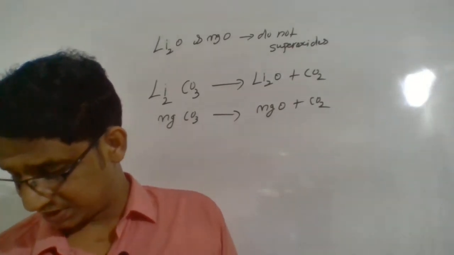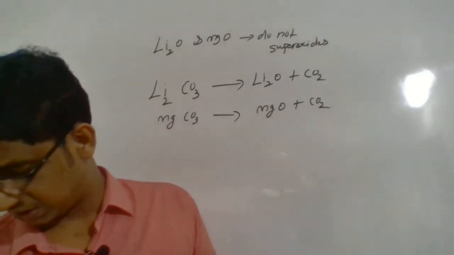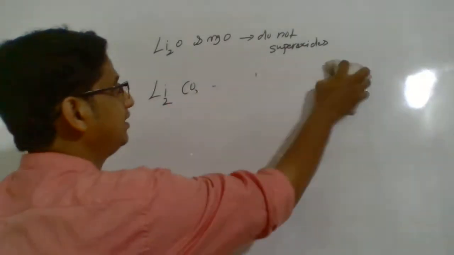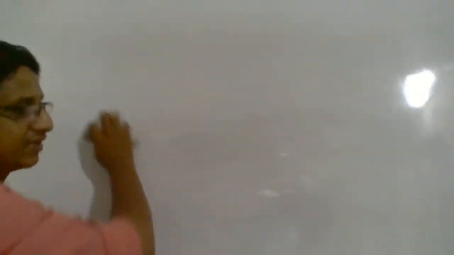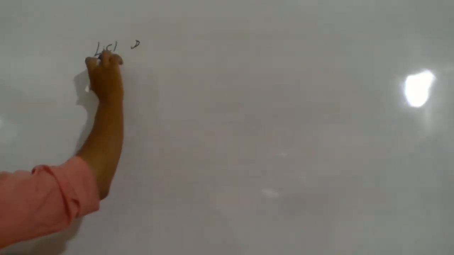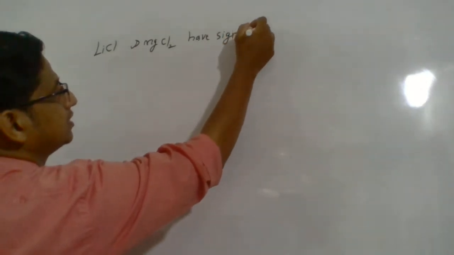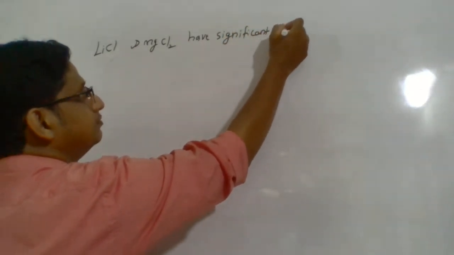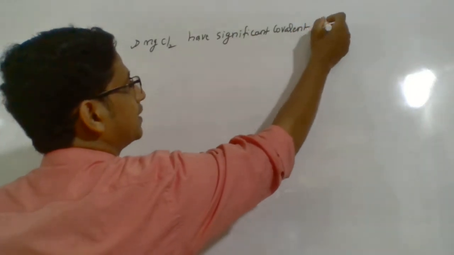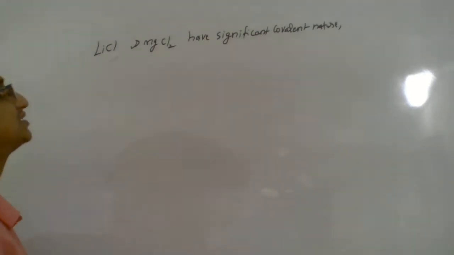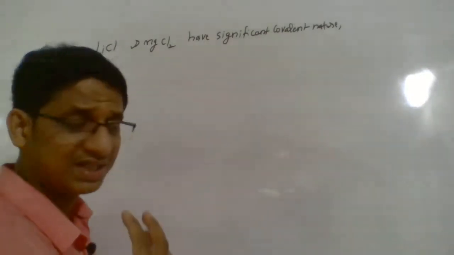Both lithium chloride and magnesium chloride, on account of their significant covalent character, are soluble in ethanol. We expect alkali metals and alkaline earth metals to form ionic compounds, but lithium and magnesium have some covalent nature.